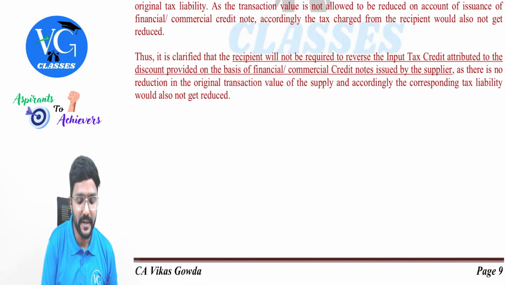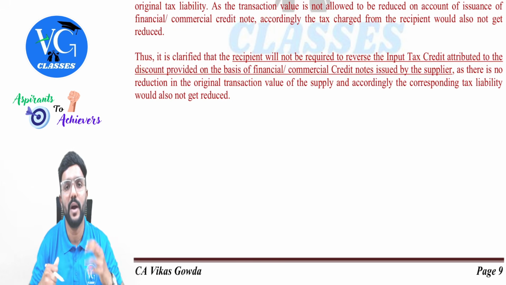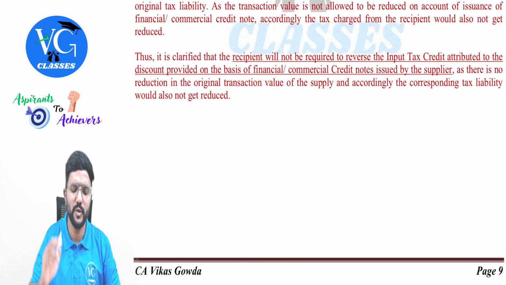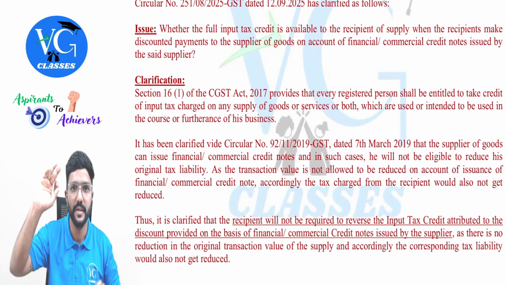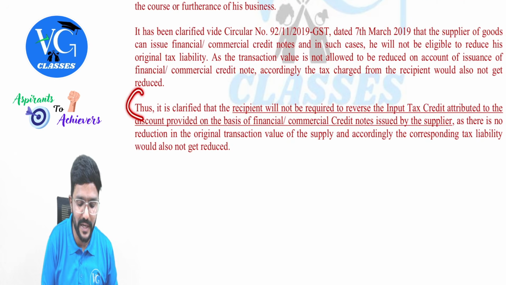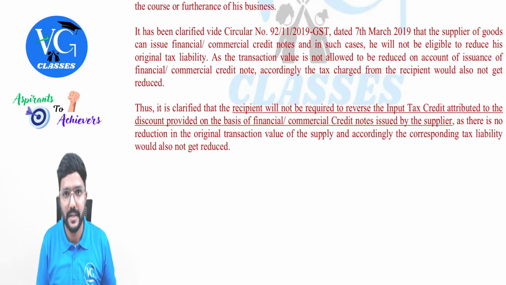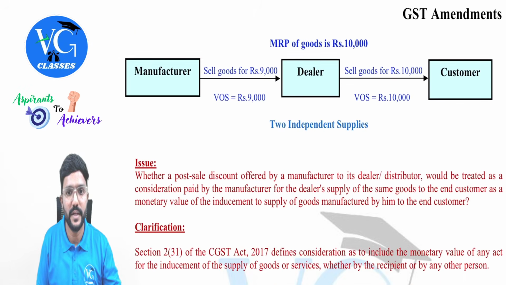Fine. So this is the ultimate clarification. Guys, when you're watching the videos now, and even when you're studying for the first time, you can go through the full issue and clarification. But on the exam day or when you're revising next time, you can just focus on that last paragraph, which I have also underlined. What is the important part? Is that clear? Yes. Let us move to the next one.